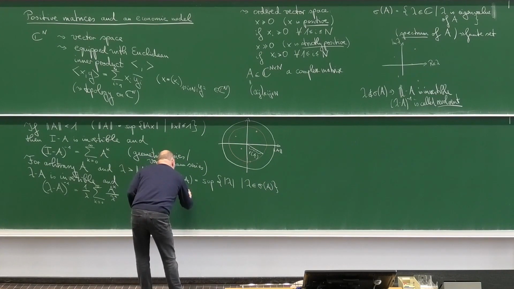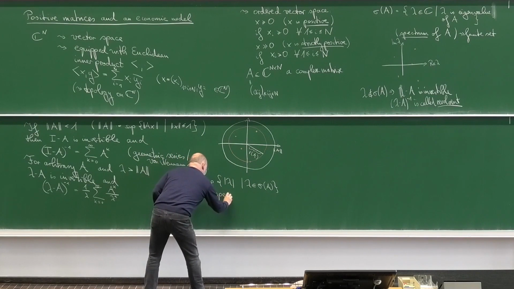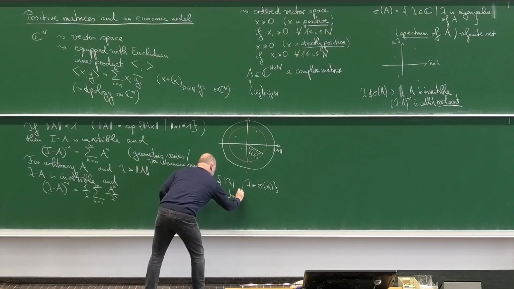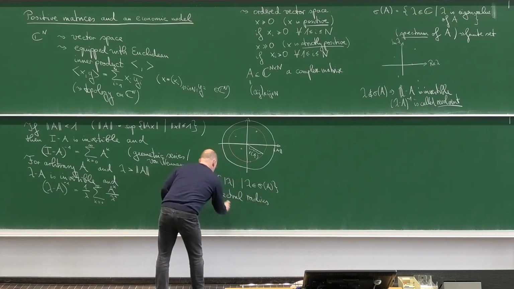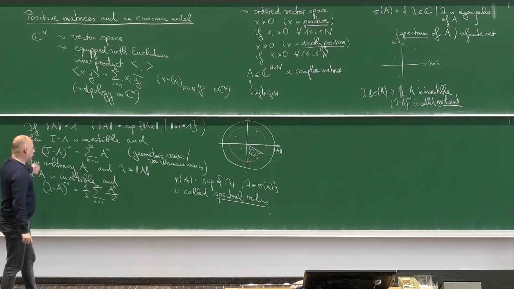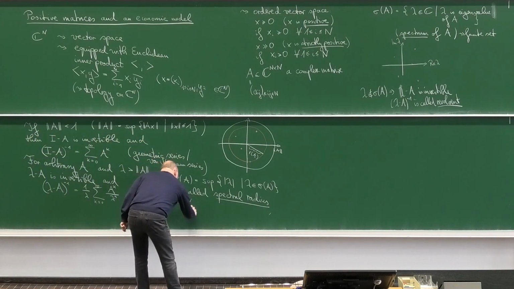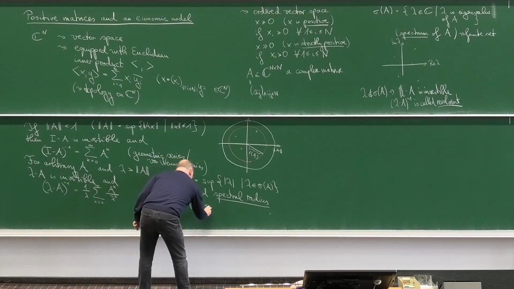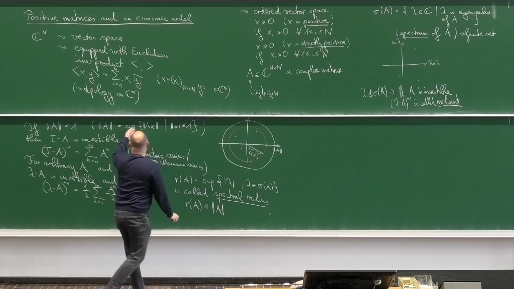It is called the spectral radius. And this Neumann series argument gives us that the spectral radius is smaller or equal to the norm of A.